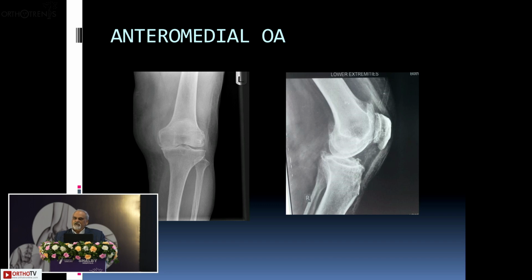Basically, anteromedial osteoarthrosis means that only the anterior or perhaps the middle third of the tibial condyle is involved. The reason being that a functional ACL keeps the tibia in weight-bearing position in the anterior half. As the ACL becomes increasingly dysfunctional, the wear starts occurring posteriorly because of the unopposed action of the PCL.